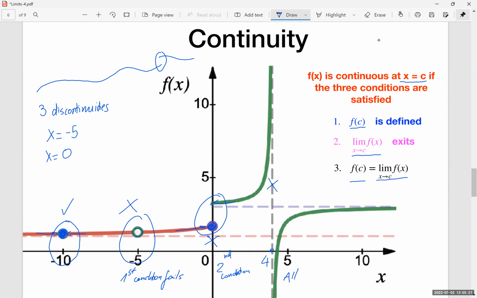And third, it happens when x equals 4. At any other values of x besides these three values, the function is continuous. At these three points on this graph, the function f of x is discontinuous.